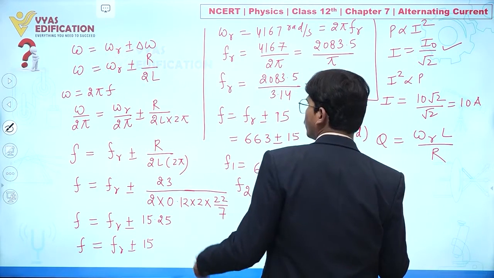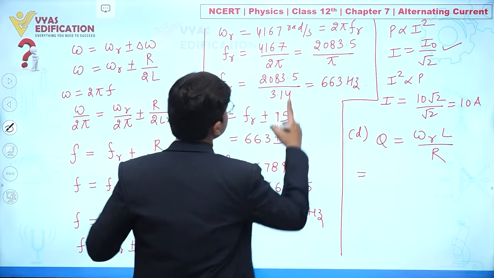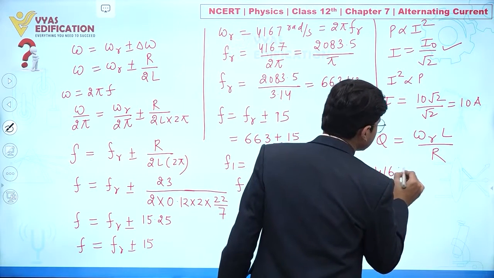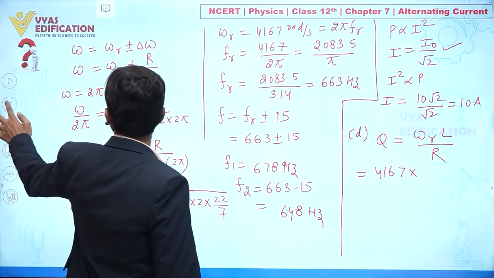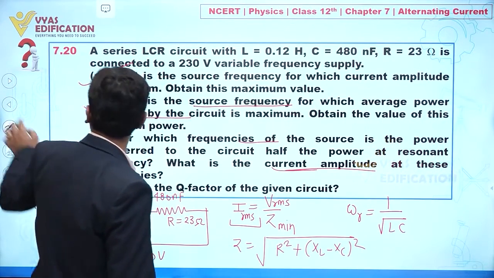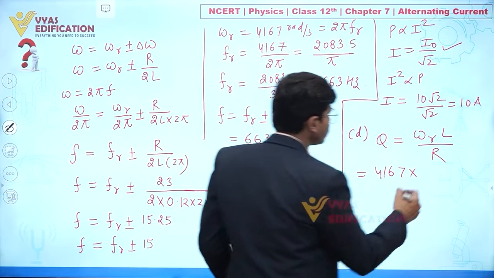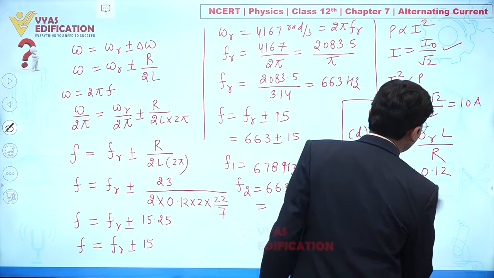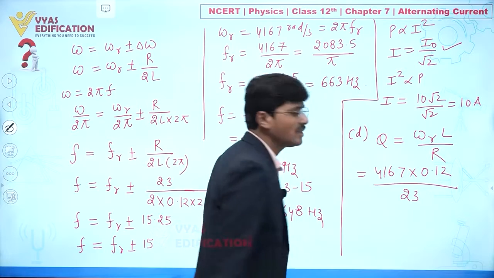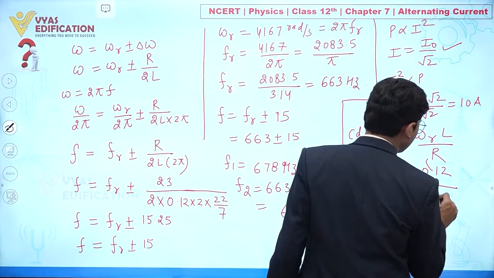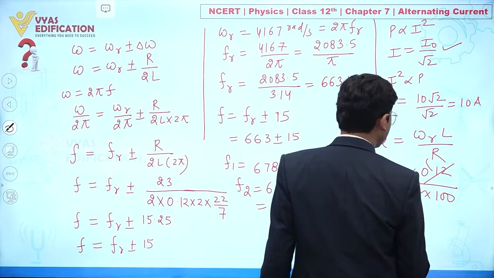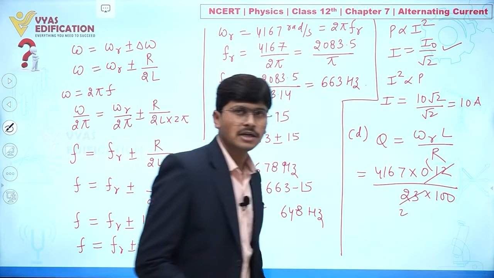Omega r value we know, this is equal to 4167 multiplied by the value of L, which is 0.12 Henry, divided by R, which is 23. Clear? So if we remove this decimal, we can write this as 100, and this is near about 2.